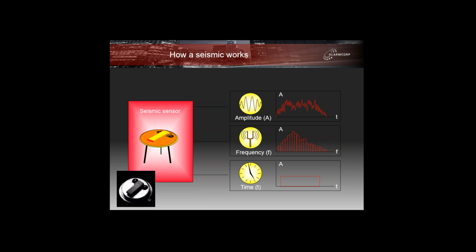If that time period isn't reached, then over time the detector will reset. Or if that amplitude or frequency is met again and it's met for the correct criteria, it would then generate an alarm output.